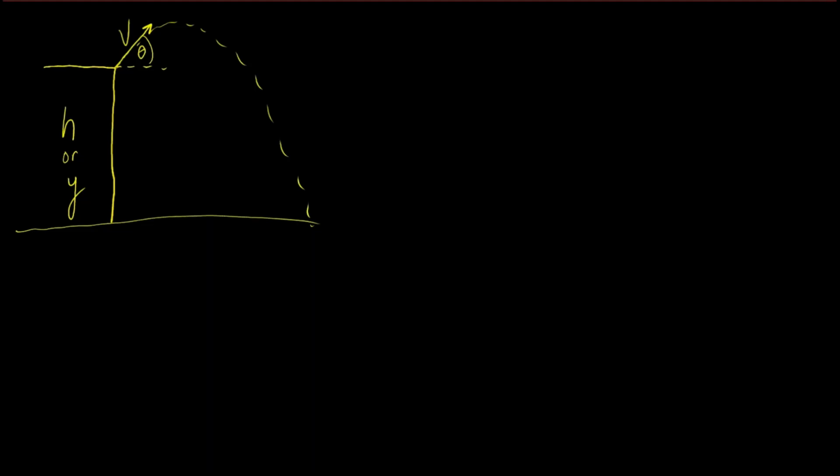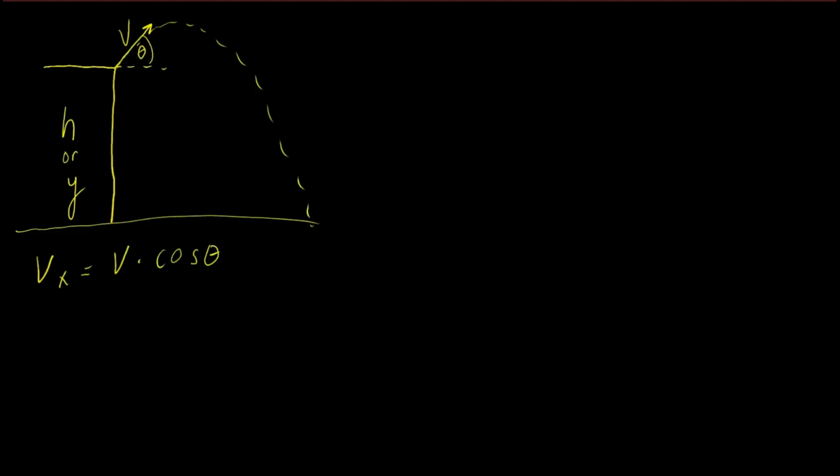In this next scenario, we have the object being projected upward off of the cliff at an angle theta. So there are just a couple other changes we have to make. We know that velocity along the x is still equal to the velocity times the cosine of theta. This doesn't change throughout the entire motion.